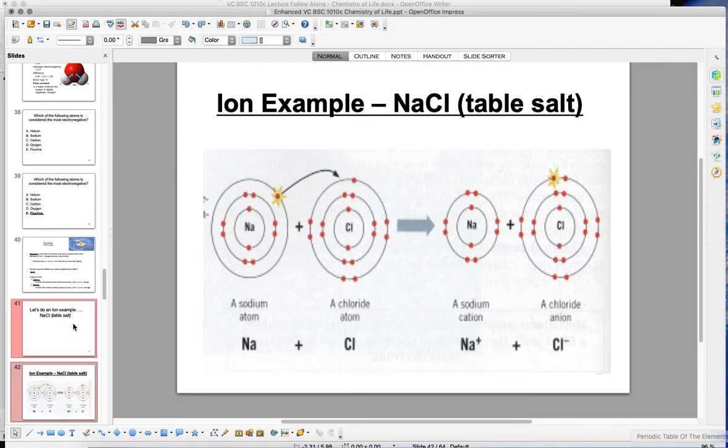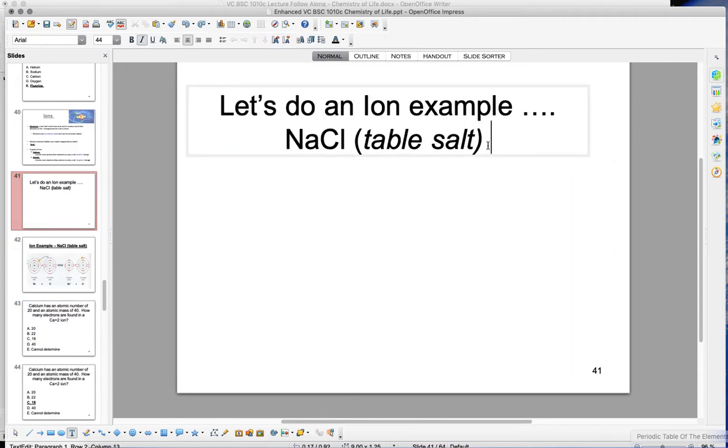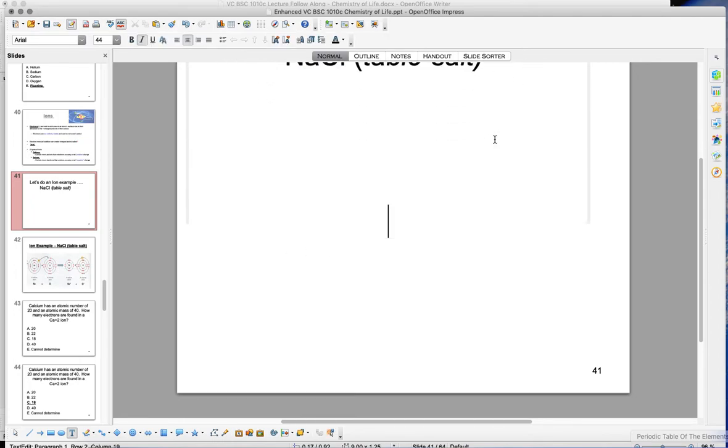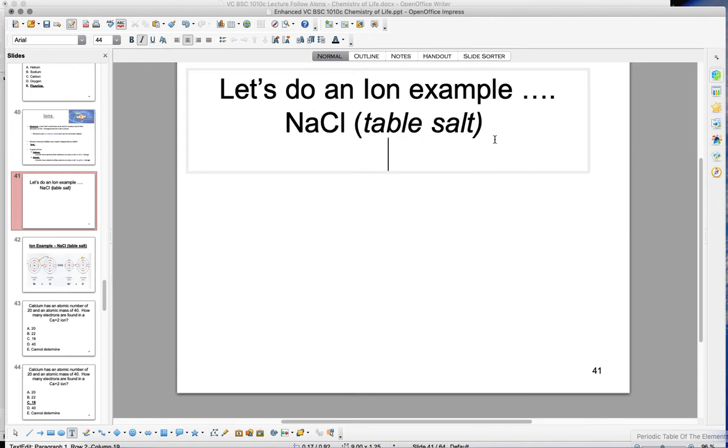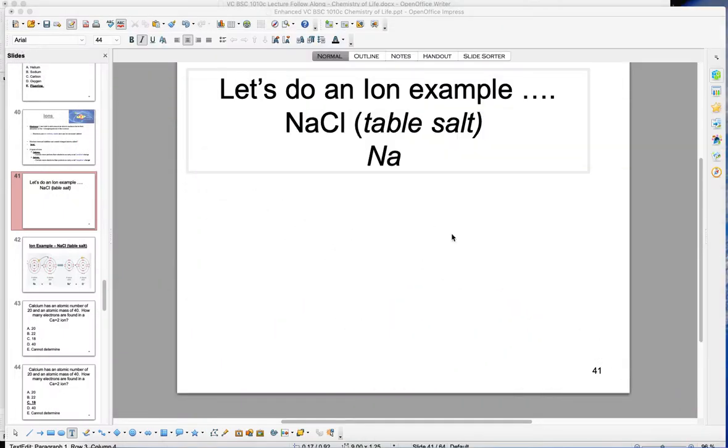Now, for example, let's take a look at this here. We'll try this. Na, sodium: its atomic number is 11, and its atomic mass is 23.